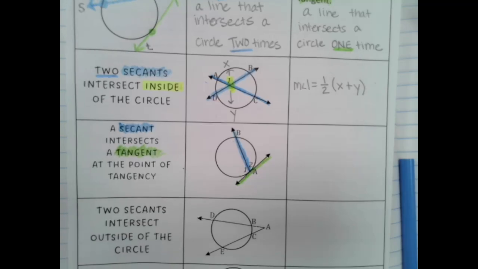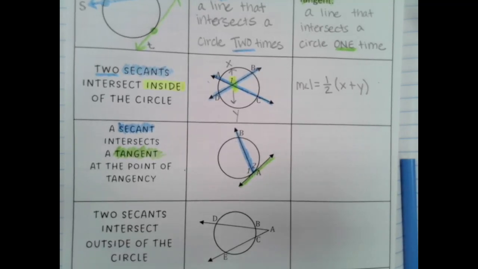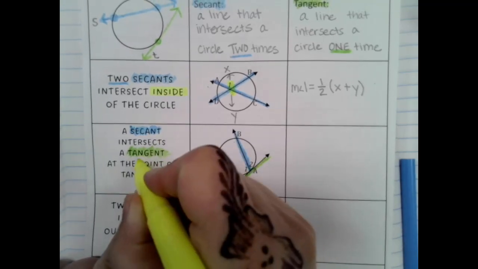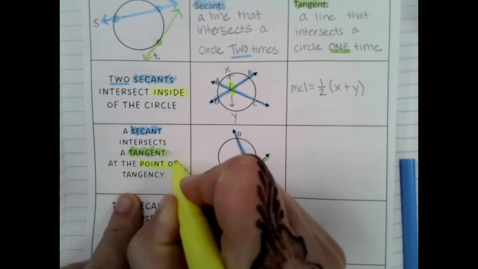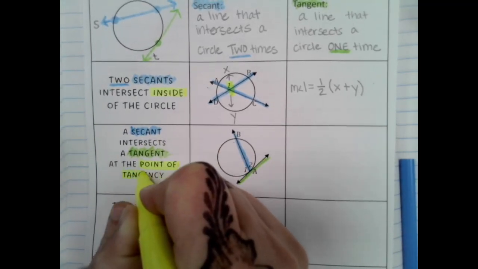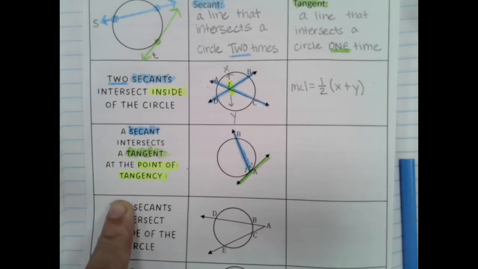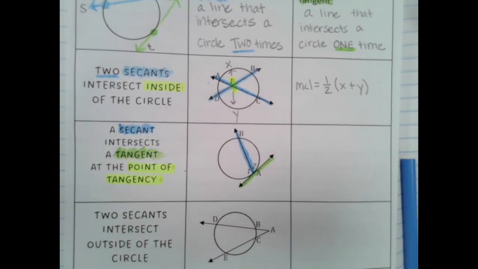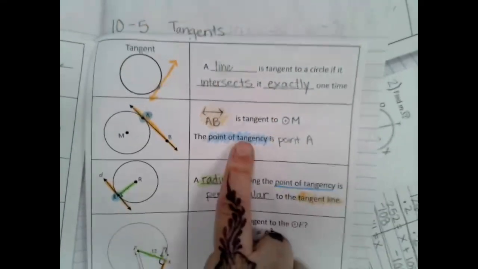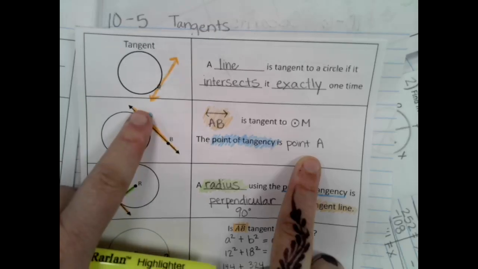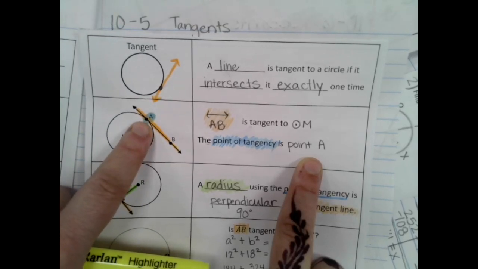Okay, and where do they intersect this time? Not inside. They intersect at the point of tangency, which was a new word yesterday, or a new concept. The point of tangency, remember here, our point of tangency was point A. It's where it touches the circle.